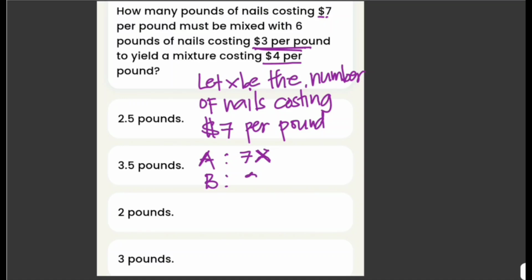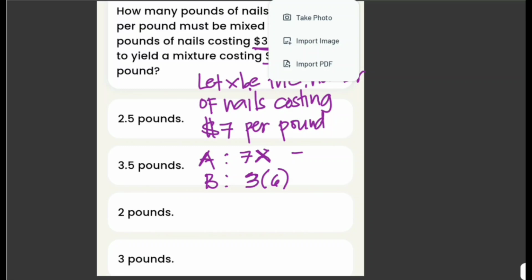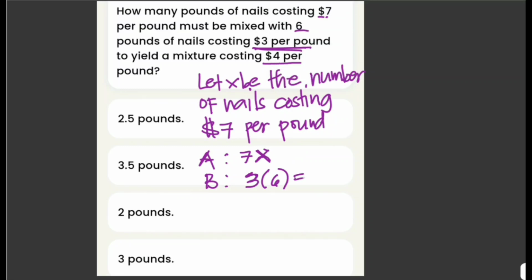So this would be $3 per pound, and it says 6 pounds of nails, so that will be times 6. So this is just equal to 18.